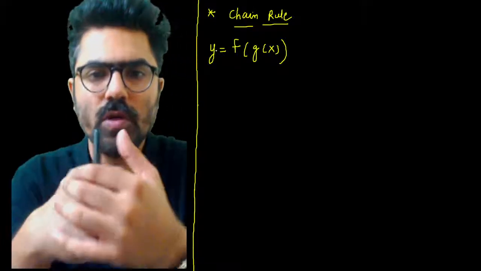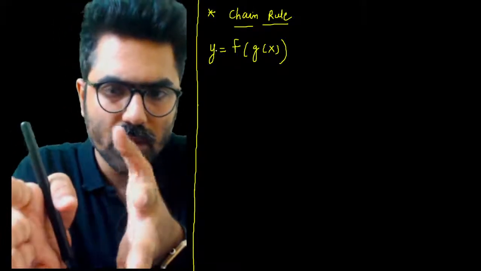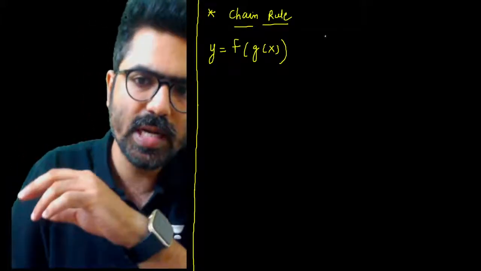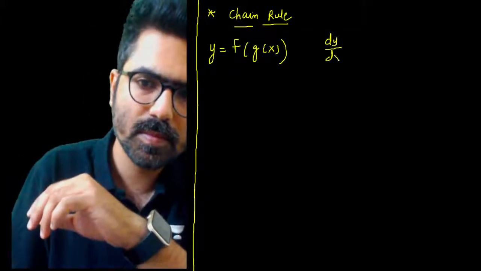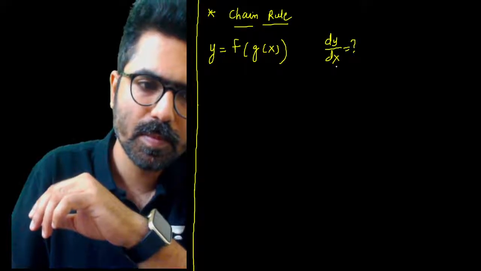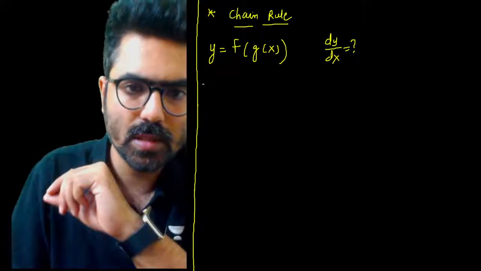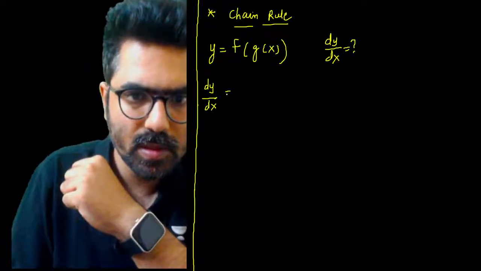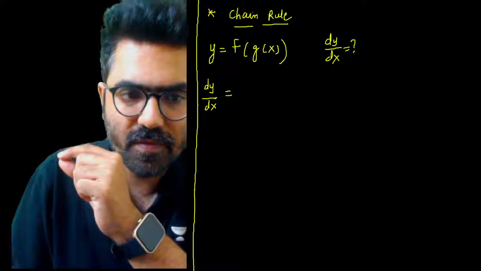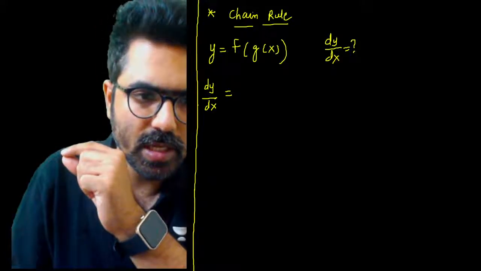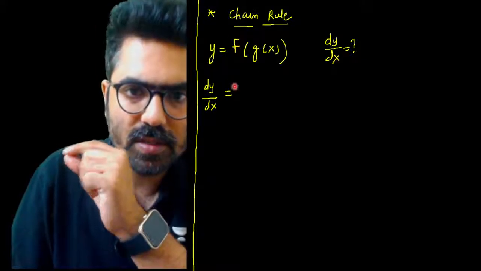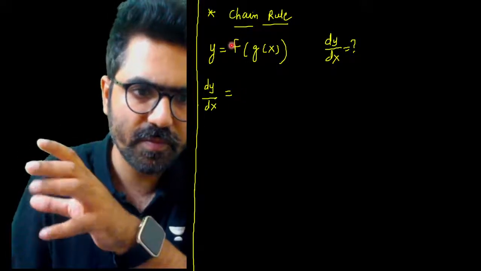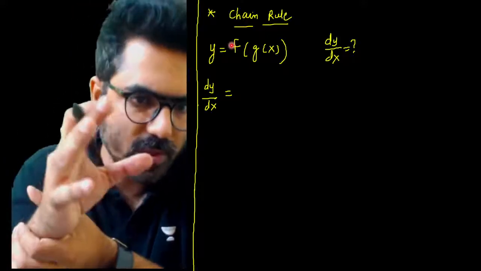You have been given y is equal to f of g of x. You have to find dy by dx. Now, taking derivative on both sides, don't look at the inside function, just focus on the outermost function f.